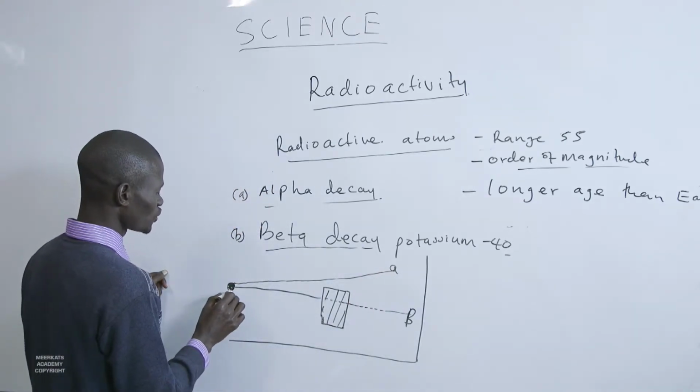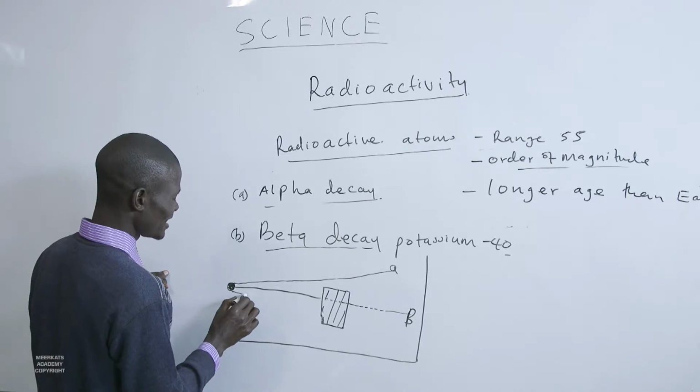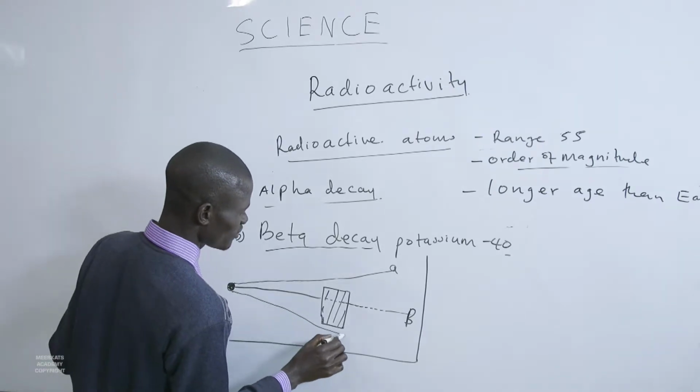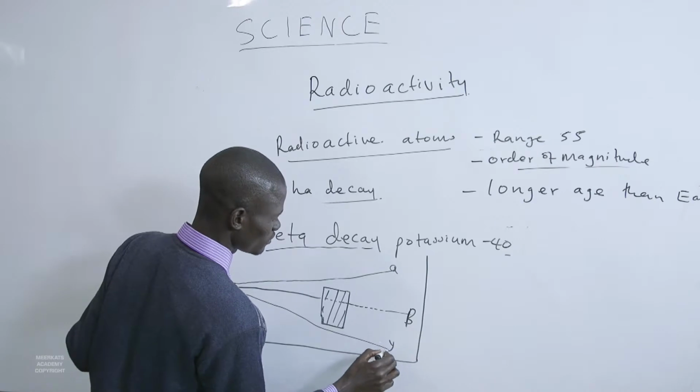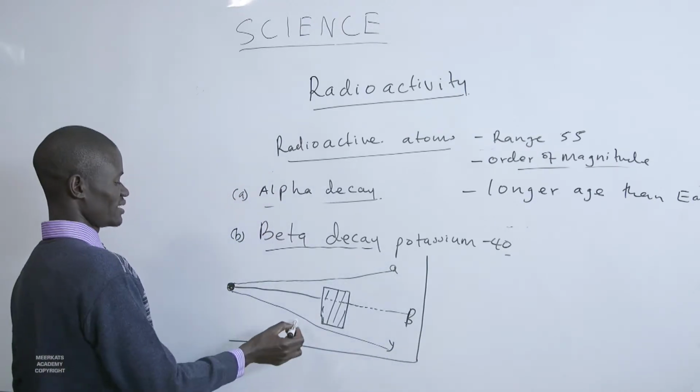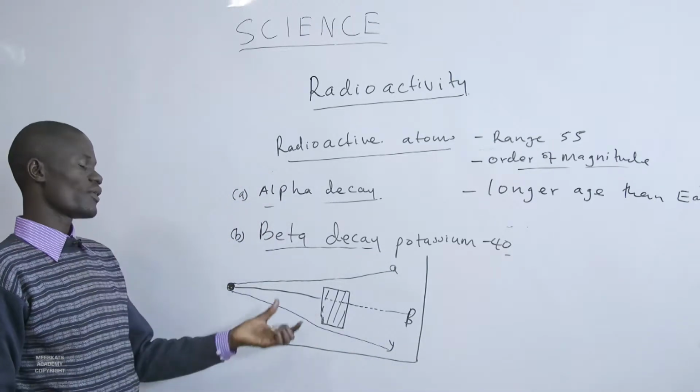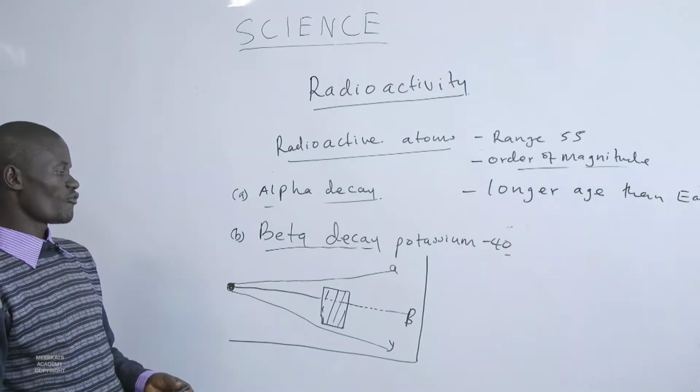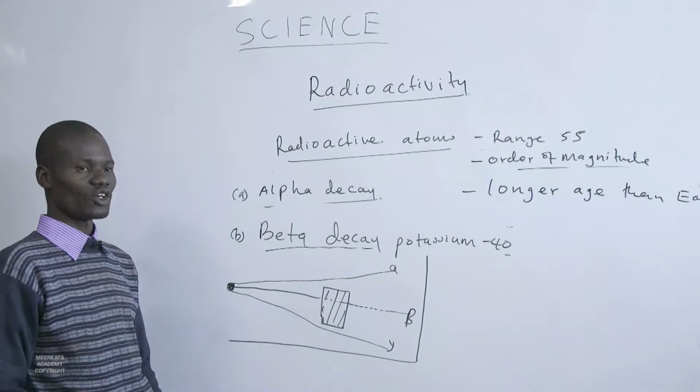And when we look at the gamma ray, its penetration level is very low. That is why they show various levels of penetration to a given object.